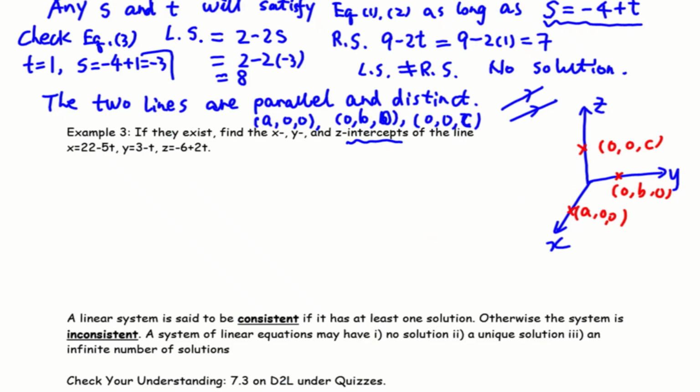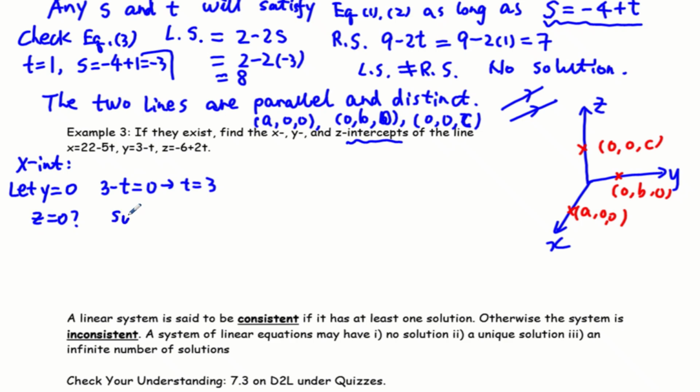So the first one we want to find is the x-intercept. We need to find y equals 0, then see if z equals 0 or not. If you have y equals 0 but z is not 0, then you don't have the x-intercept. So we write y equals 0, then 3 minus t equals 0, which gives us t equals 3.